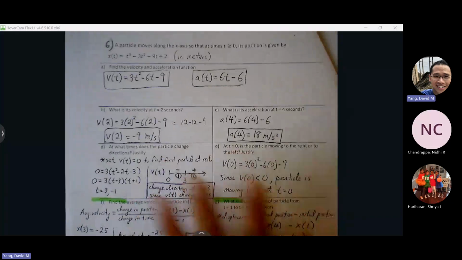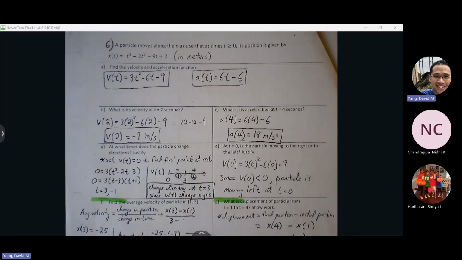Let me put a linear approximation problem for you to try. So you put into search.